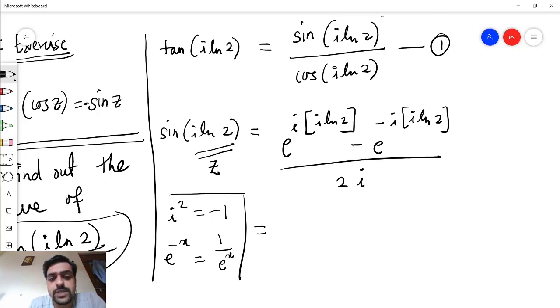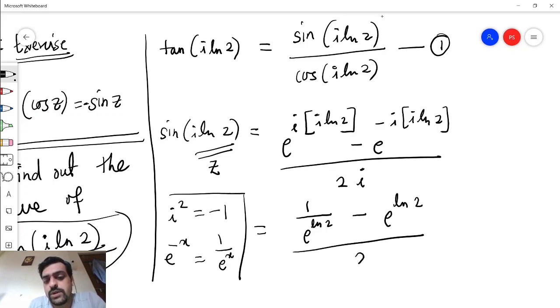So this becomes e raised to minus log 2. So we can write e raised to minus log 2 as 1 upon e raised to log 2, minus, now here i into i is i squared, which is minus 1, into this minus sign gives us plus, so we will have here e raised to log 2, upon 2i.